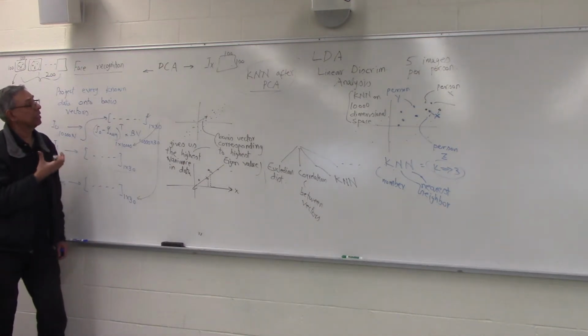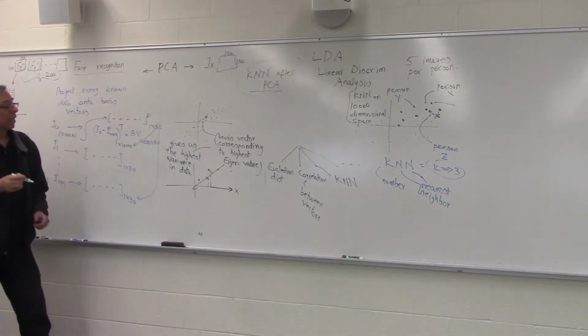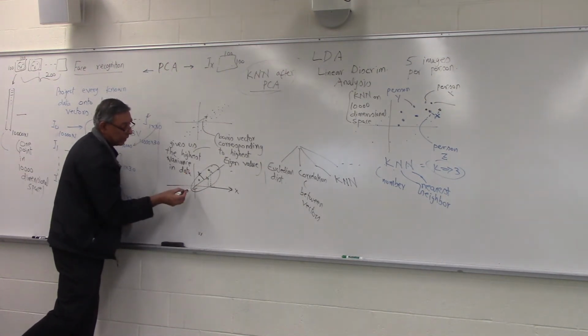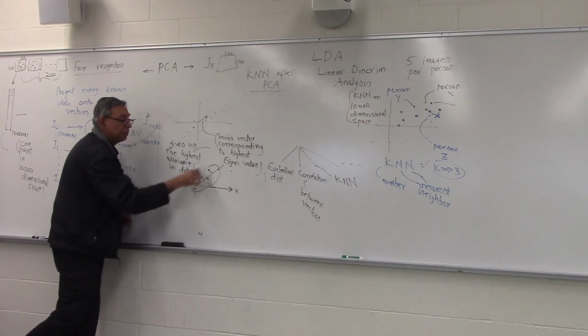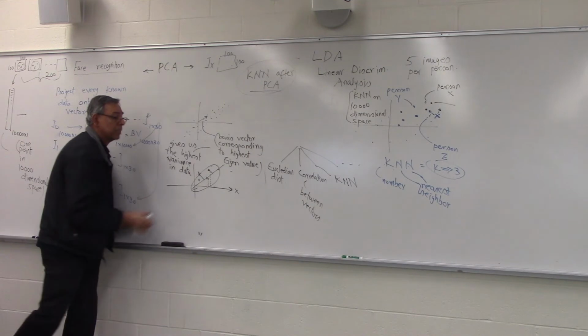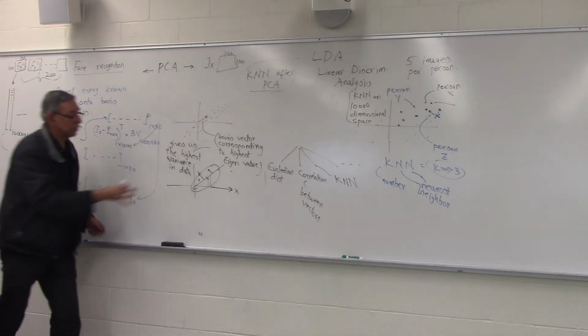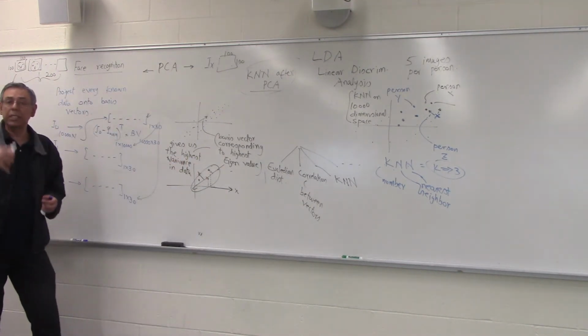So that's the reason PCA works, and of course the next vector will be orthogonal to the first. If we had a distribution like this, the highest eigenvalue vector will be in this direction, the second highest eigenvalue vector will be in this direction, and if we had, pretend this is a three-dimensional object with a certain width in the third dimension, then the next vector will be in the z direction.